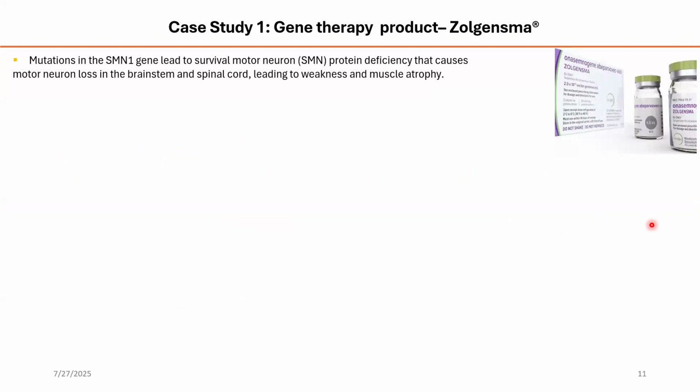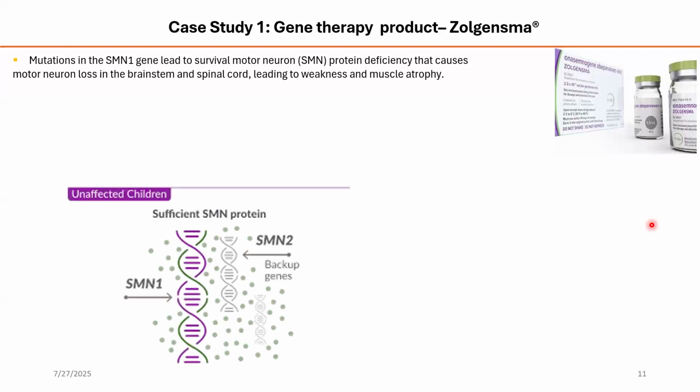Zolgensma was used to treat the genetic disorder spinal muscular atrophy. A mutation in the SMN1 gene leads to a survival motor neuron SMN1 protein deficiency that causes motor neuron loss in the brainstem and spinal cord, leading to weakness and muscular atrophy. Mostly it occurs in children.